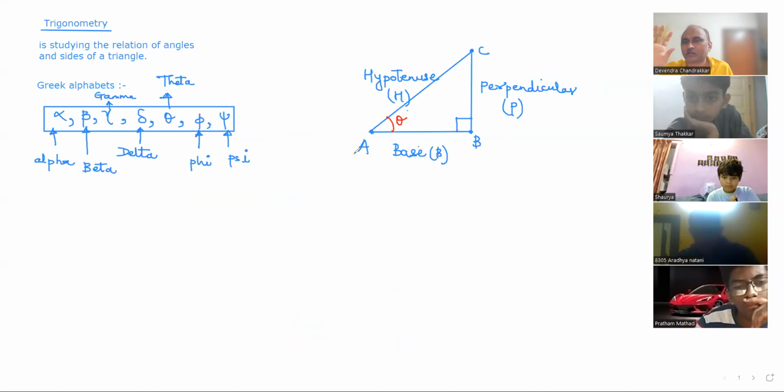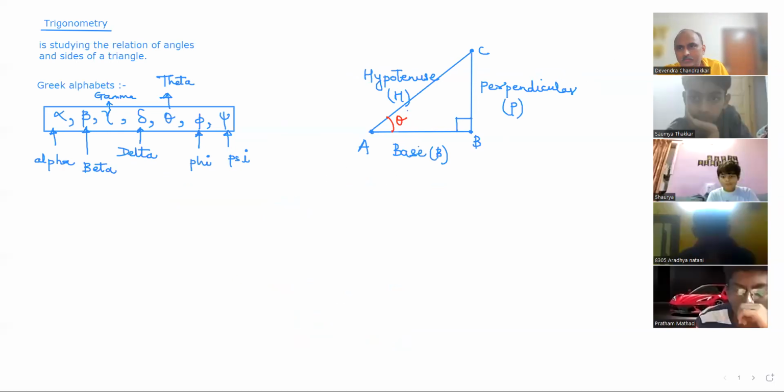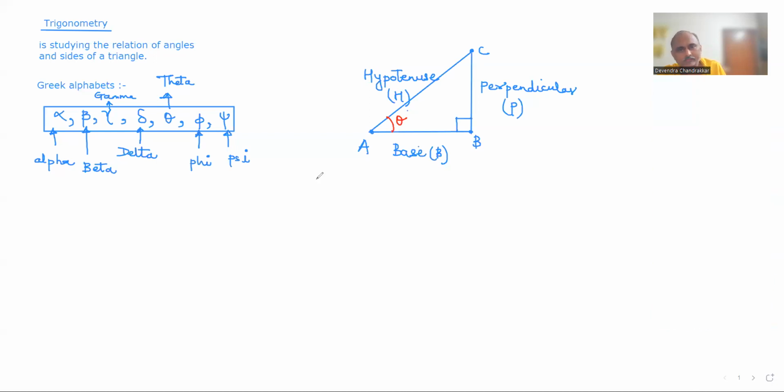Now there are 6 trigonometric functions which we will be discussing. All of you, please pay 100% attention here. So we have sine theta. This is the first function, sine. In short, we write it as sin.